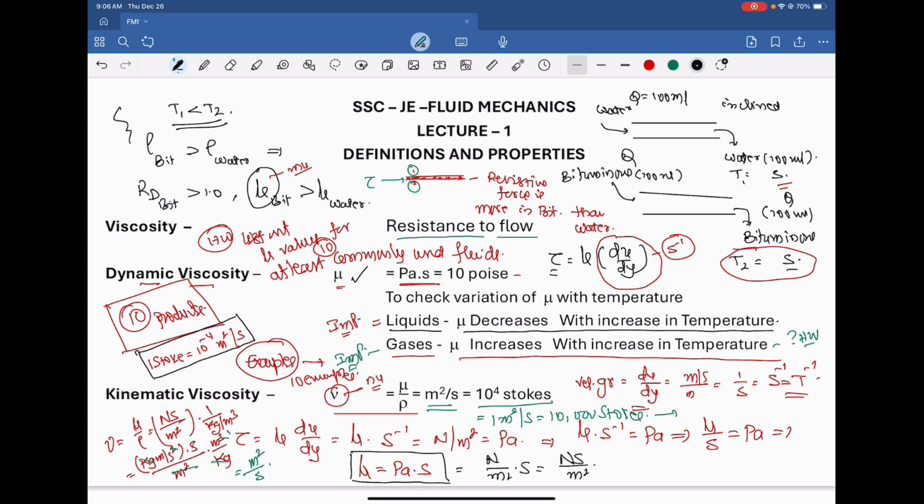Similarly for gases, how mu is varying, and try to understand in gases why mu increases with increase in temperature. You take bituminous, for example, and you find out the dynamic viscosity and kinematic viscosity with respect to temperature, and if possible draw a graph also. That is your homework.